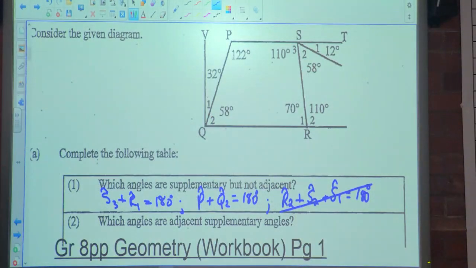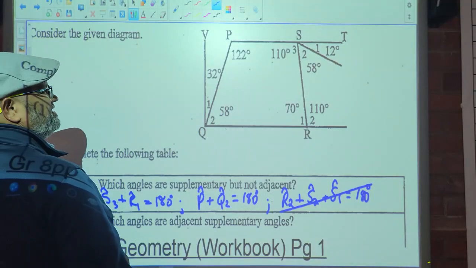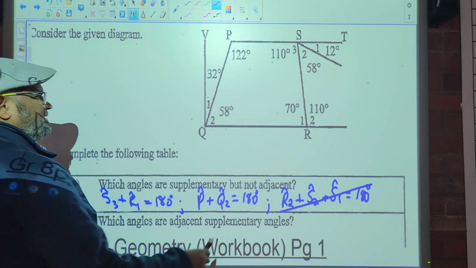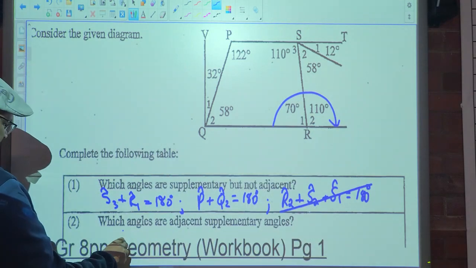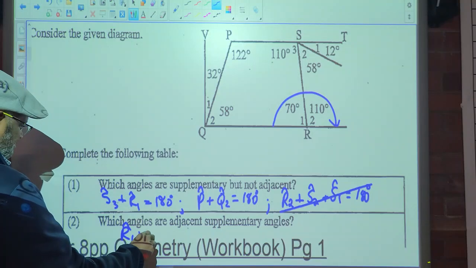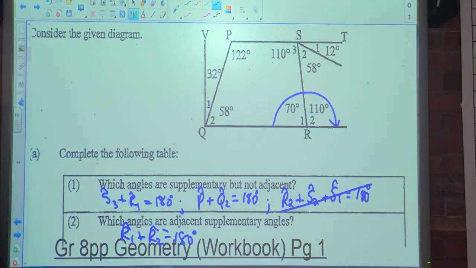Which angles are adjacent supplementary angles? What does that mean? They're next to each other and add up to 180. Which angles fit this criteria? R1 and R2, that adds up to 180. So angle R1 plus R2. Is there another one?